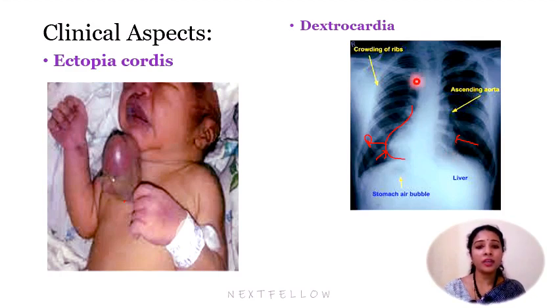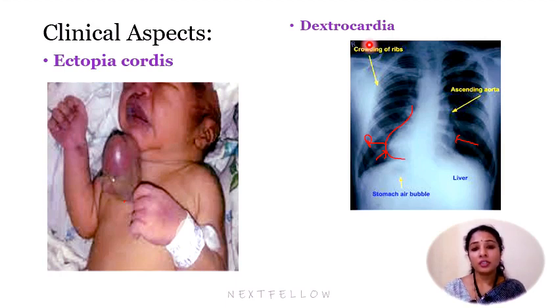This is a very rare congenital anomaly in which the heart points towards the right side of the chest instead of the left side, and it occurs if the heart tube bends to the left instead of to the right. Instead of dextro looping, if it loops to the left side, then it results in this formation. So the heart is displaced to the right, and there will be transposition as well.